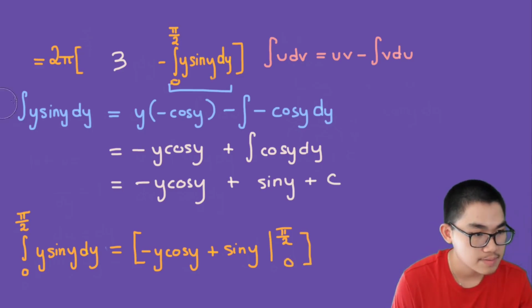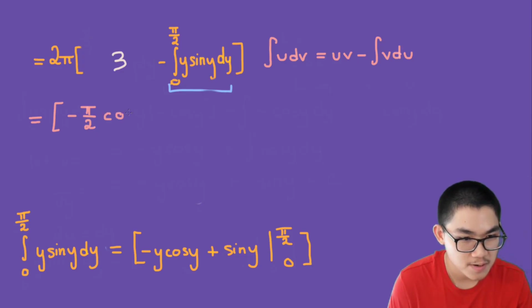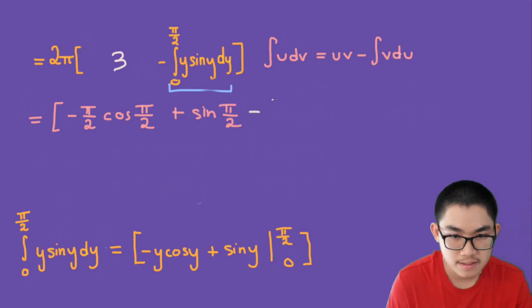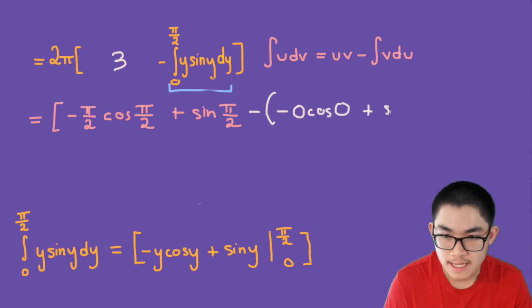And let's substitute them in together. So we're going to get negative pi over 2 times cos pi over 2 plus sine pi over 2 minus the lower boundary. So this time we've got to substitute in a 0. So we get negative 0 cos of 0 plus sine of 0. And we can go ahead and close the bracket right there.